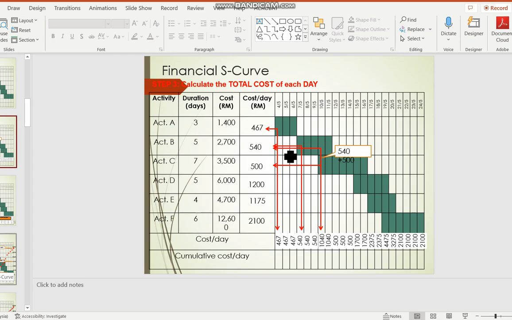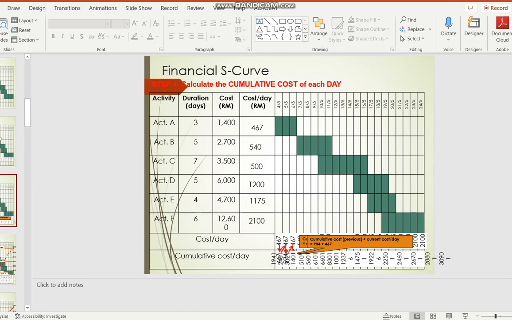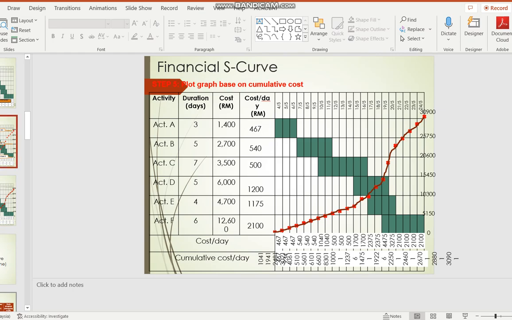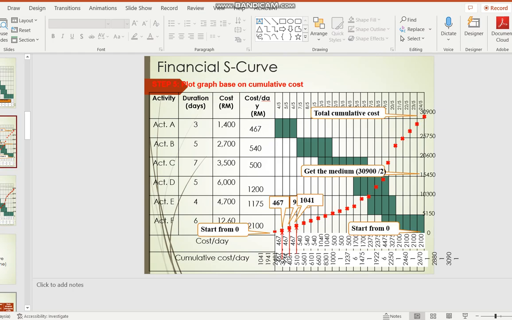Once you've done it, you can just take this number and do a cumulative. Cumulative means 467, then the second month is 467 plus 467, and then the total plus 467, total plus 540. That is cumulative. So from this cumulative, we will produce what we call a graph.